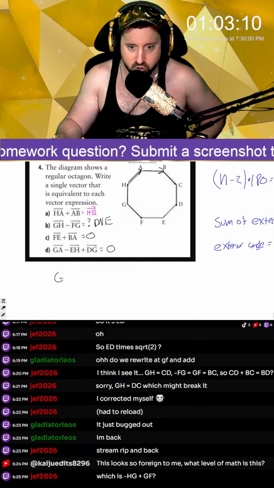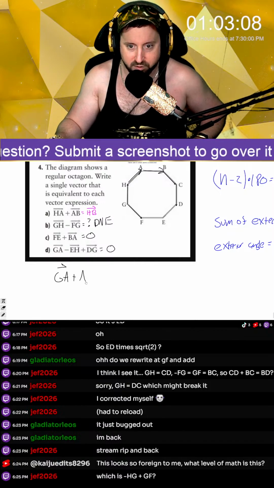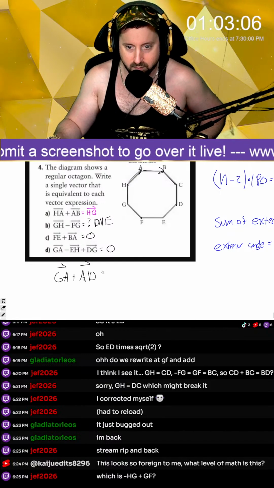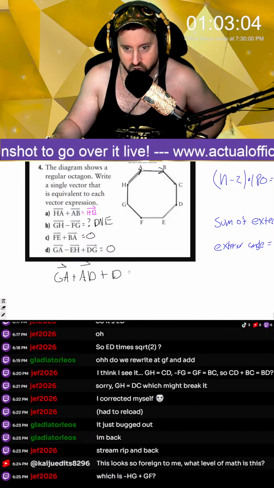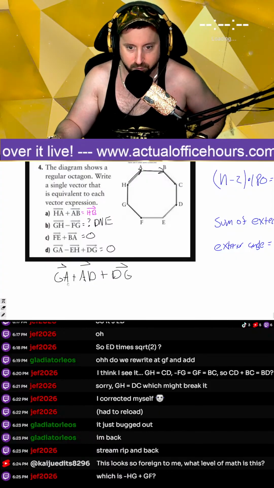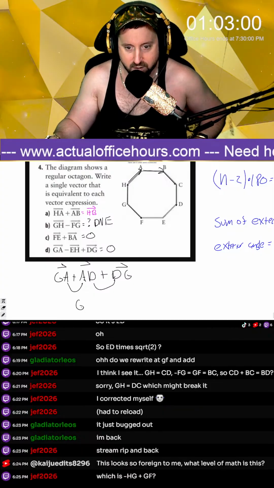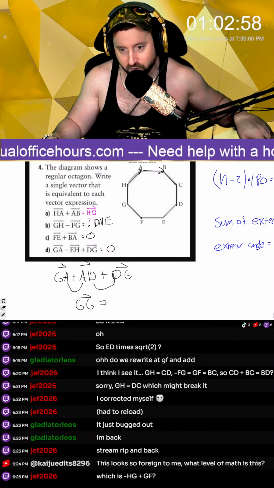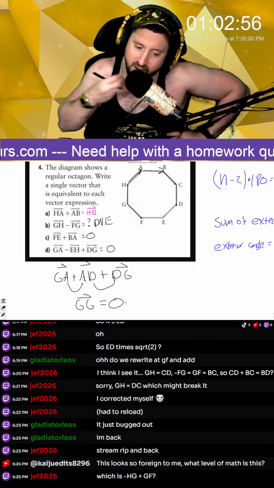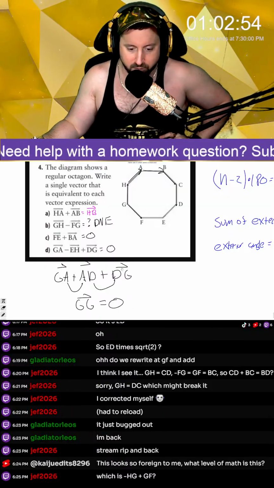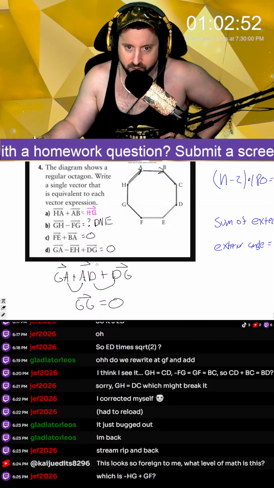So that's why this became GA plus AD plus DG. Now these are all transitive, right? A to A, D to D, but G to G, GG is just 0. I don't think you can do it when there are minus signs in front of things, though. I think that's the crux of this.